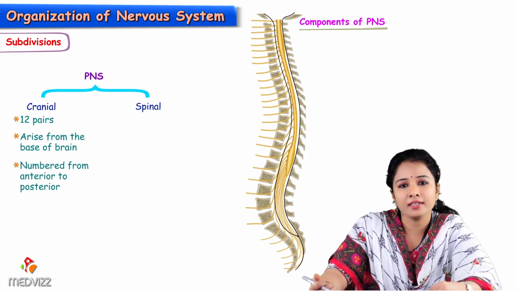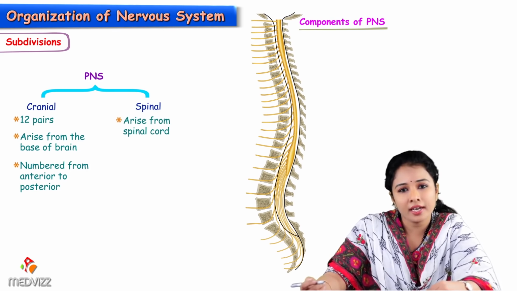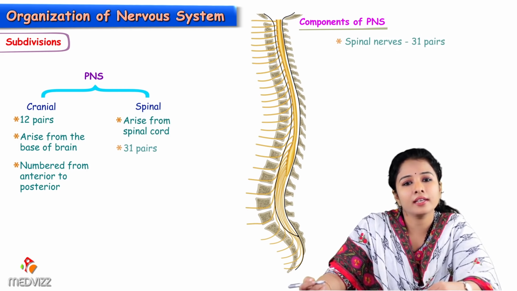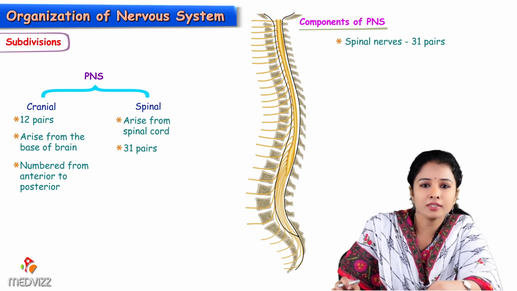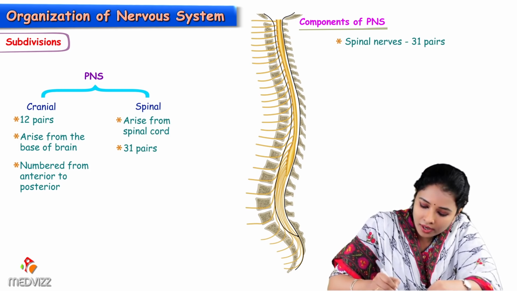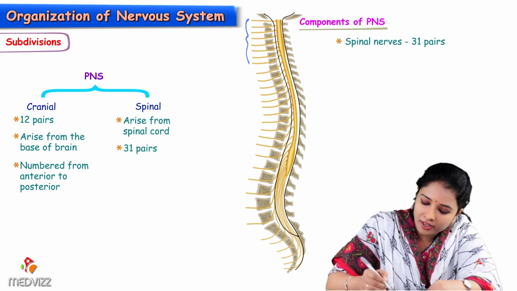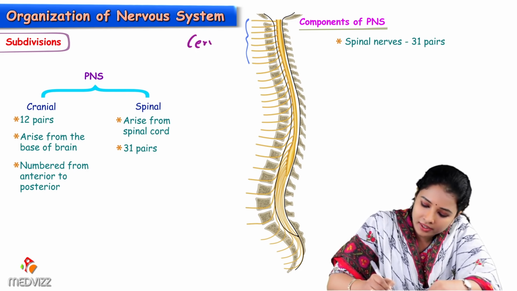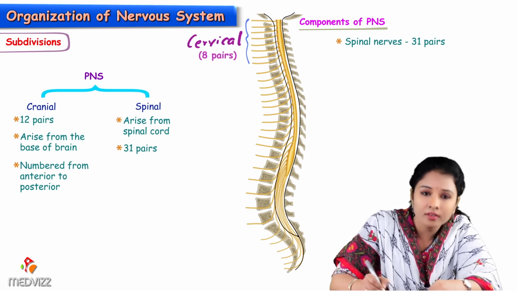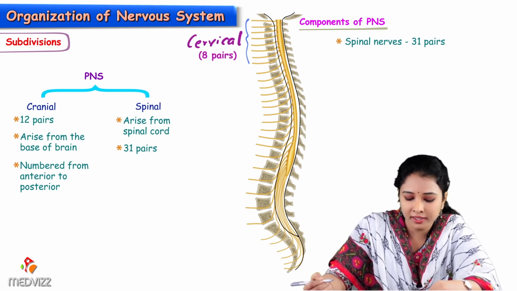Let's see the spinal nerves. Spinal nerves arise from the spinal cord, and there are 31 pairs of spinal nerves. So, the first 8 pairs are called as cervical, which are getting origin from the cervical region, are called as cervical nerves. So, first 8 pairs are cervical.